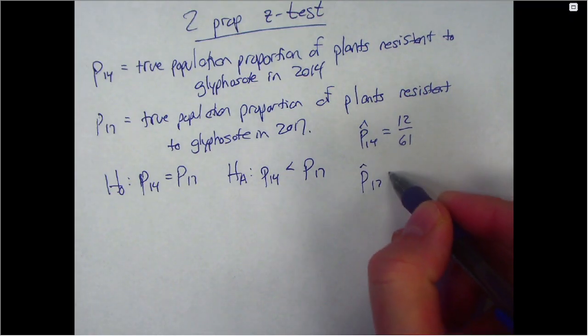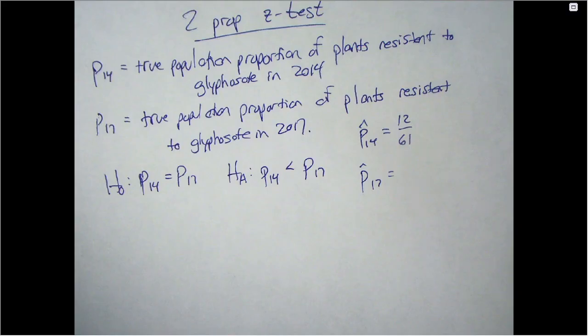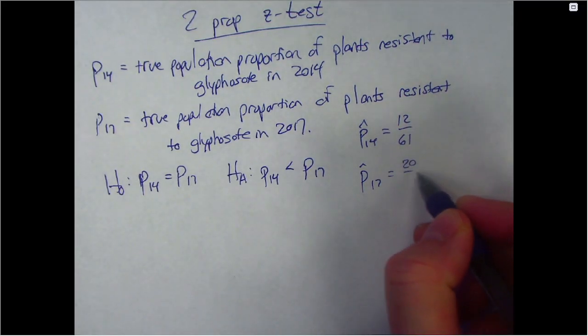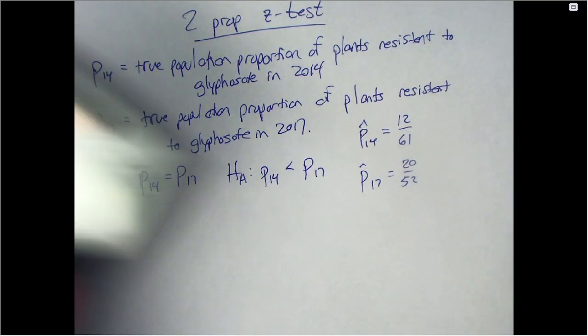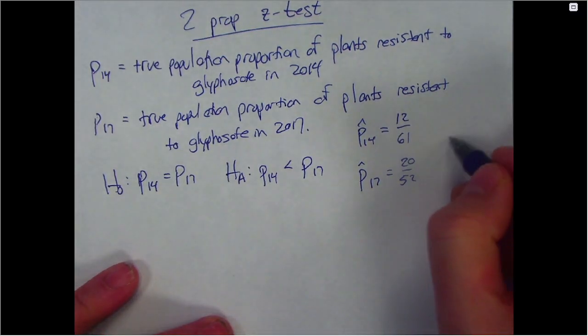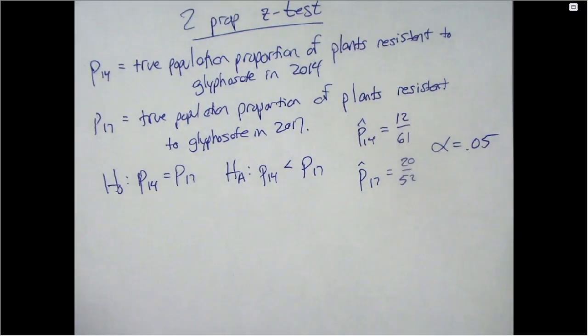For 2017, it's 38.5% of 52, so that's 20. They can't just tell us 20, though. And then alpha is 0.05.